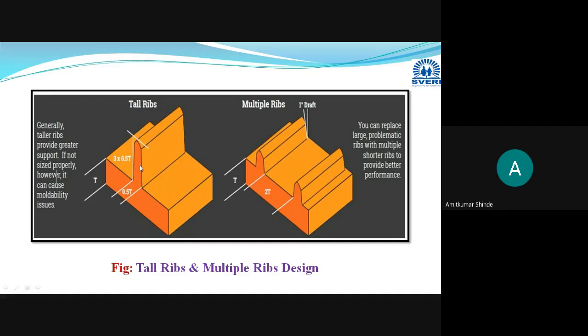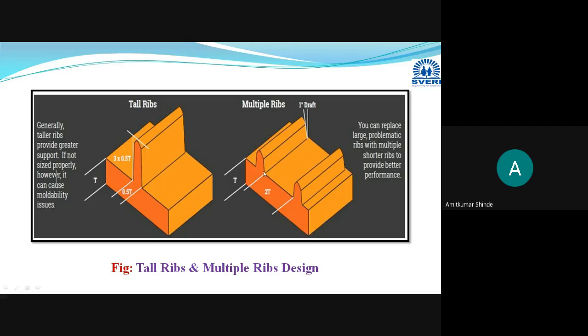Instead of one thin long rib, you can go for two ribs, by following the design guidelines related to their height, their distance, and some taper. You have to provide some taper, this is termed as the taper. It will ease the ejection from the mold.